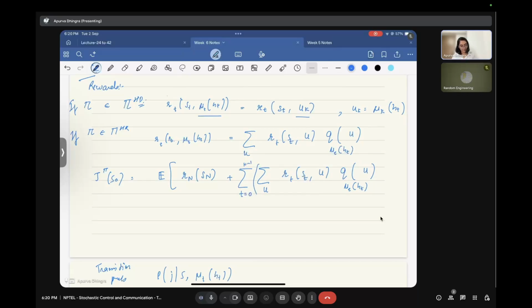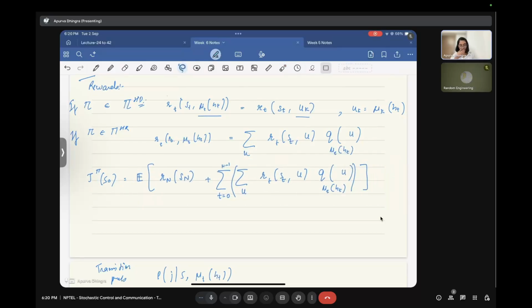The inner part is the expected reward given this randomized strategy, and we have to ultimately take an expectation over this whole quantity. So this gives us the value function. This is our problem setup.